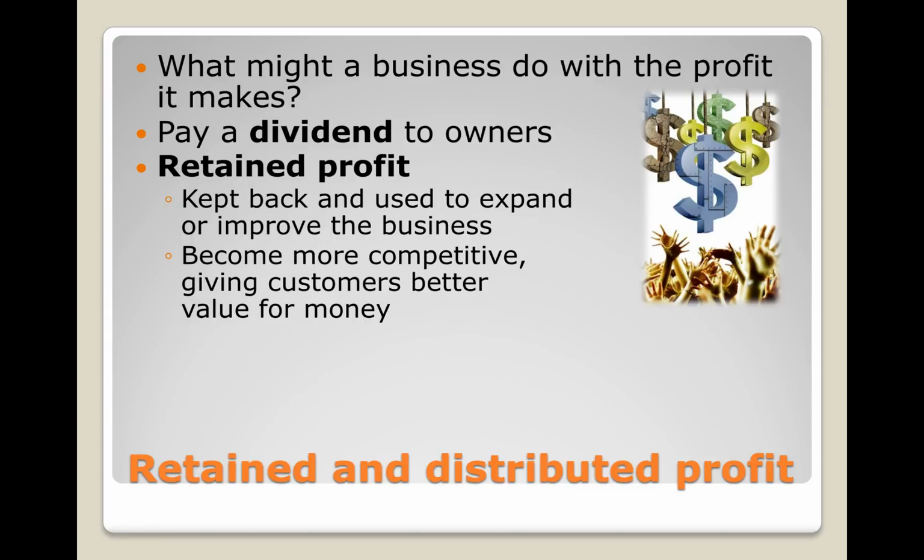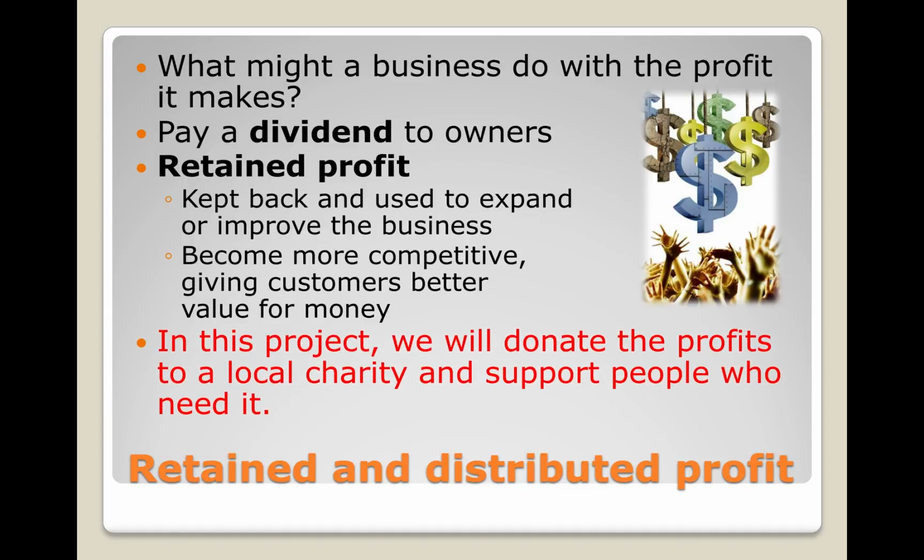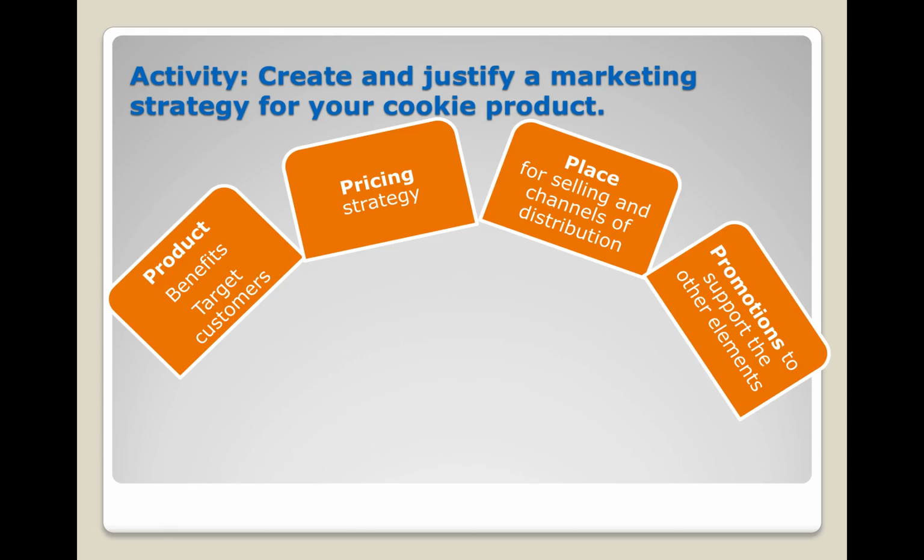So they will retain the profit and use that money to improve the business, buying a better machine, expanding, or making it more competitive with other companies. Hopefully they can earn more money in the future. But in our project this time, we will donate our profit to a local charity to support the people who need it. I think it's more meaningful.